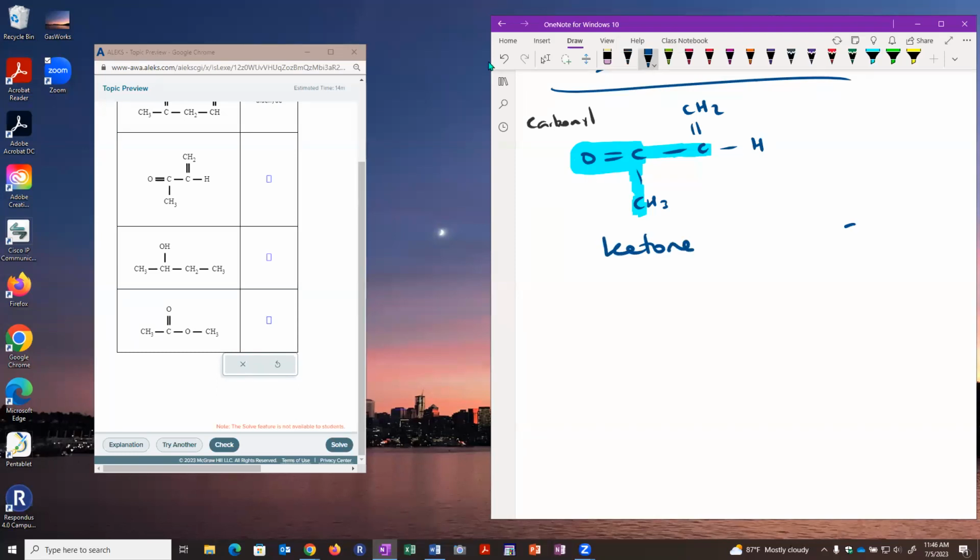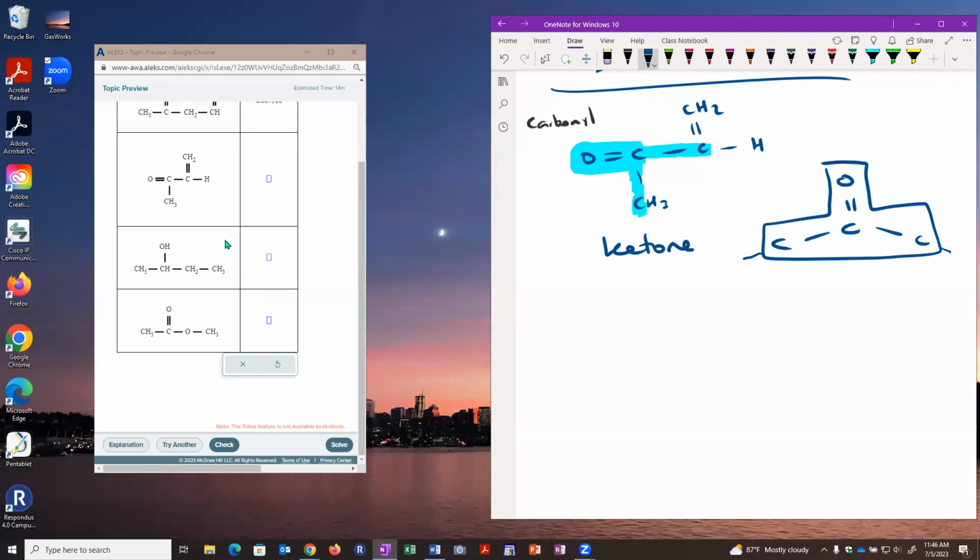Whatever else is connected here doesn't really matter. This is what we're looking for. That tells us that we're dealing with a ketone. If you look at the other one down here underneath, we have that OH. That OH is connected directly to a carbon. That OH is a hydroxyl group, and that identifies this family as an alcohol.